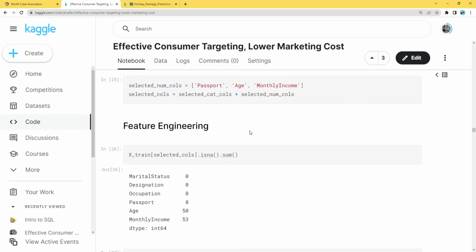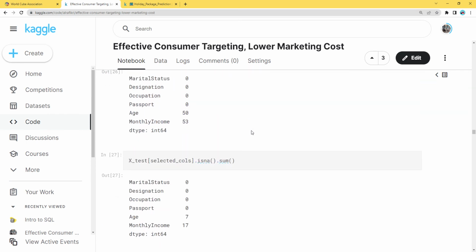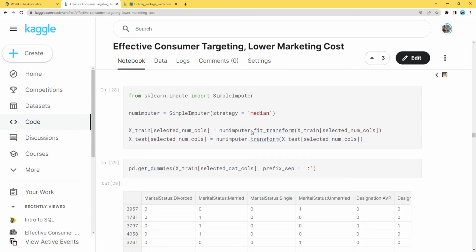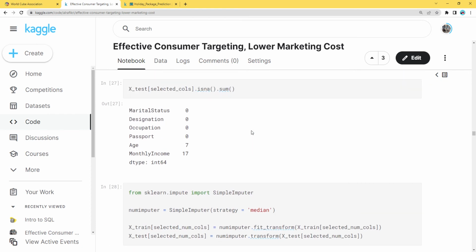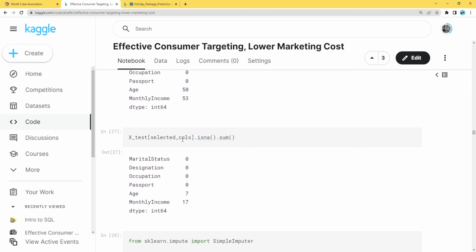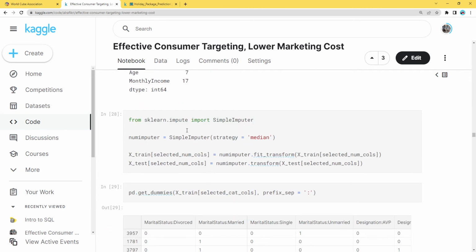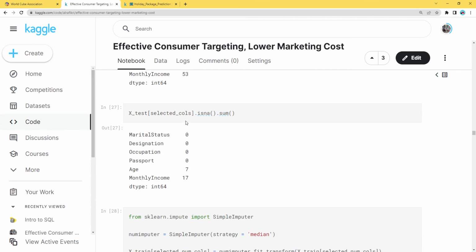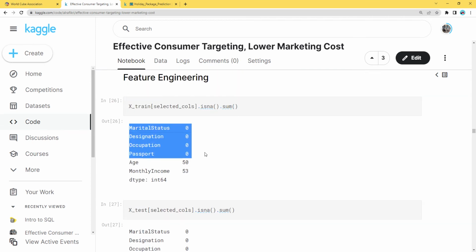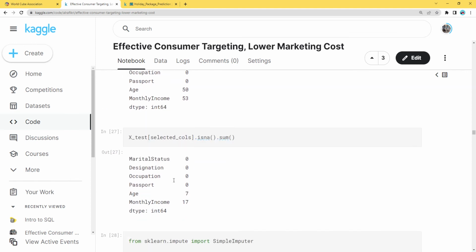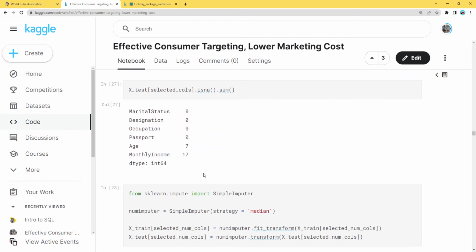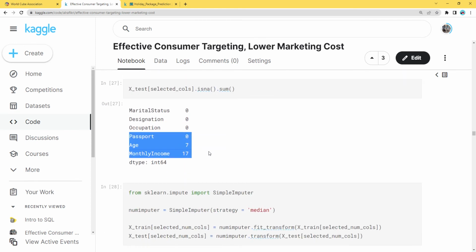And then we just impute the columns, because the categorical columns don't have any null values. We impute only the numerical columns.